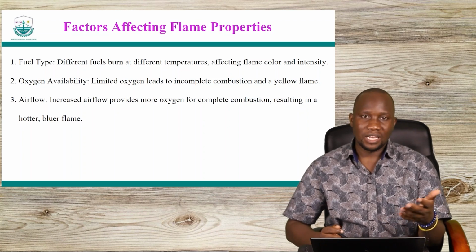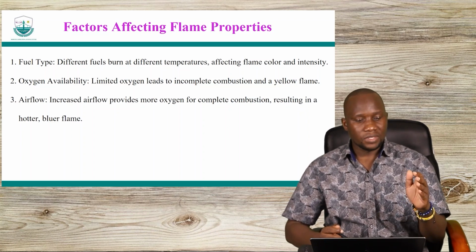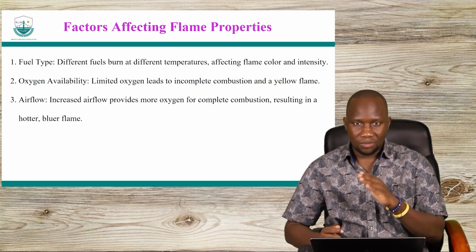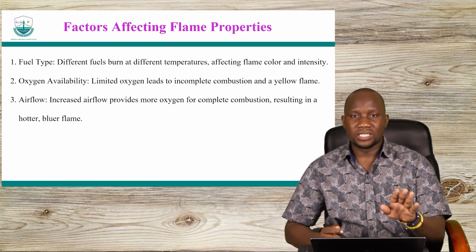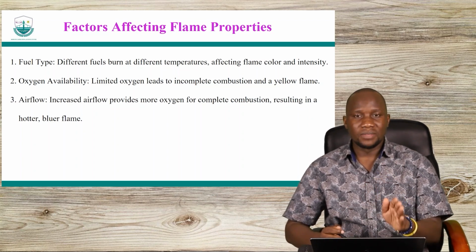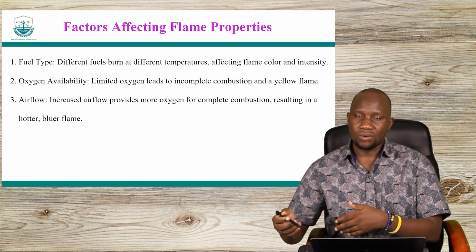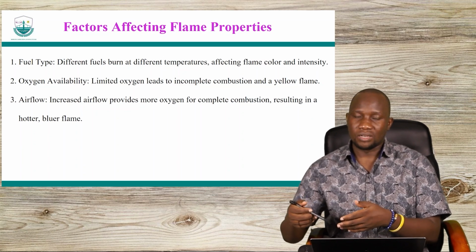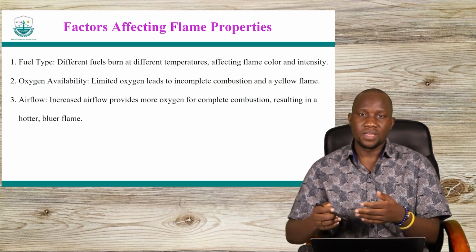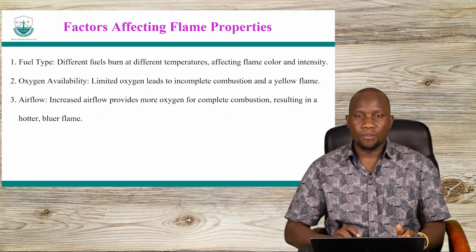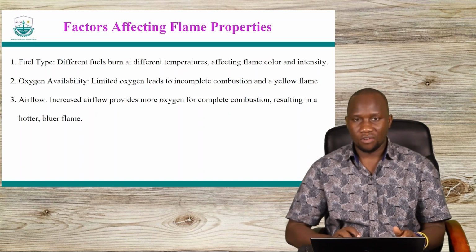But all these can be what we call fuel. Then oxygen, I've explained that. Oxygen supports burning. With limited oxygen, you have a yellow flame, what we call a luminous flame. With plenty of oxygen, you have a blue flame, which gives limited light but a lot of heat.